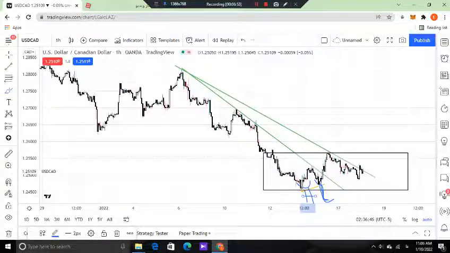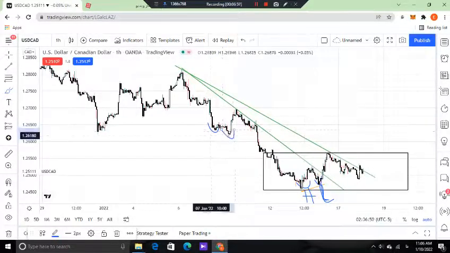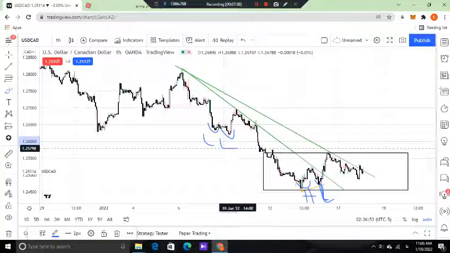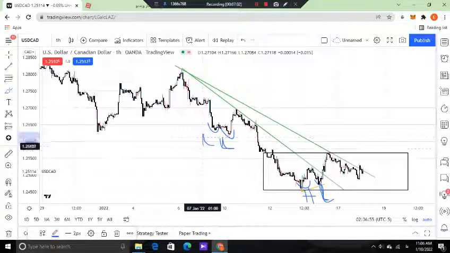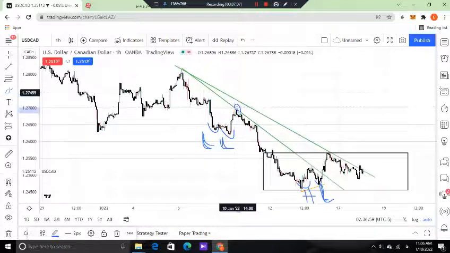But if it's a lower low like this, it probably fails, like this one. But it happens too.